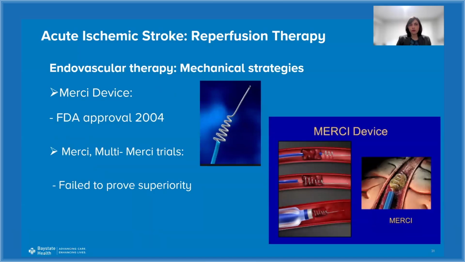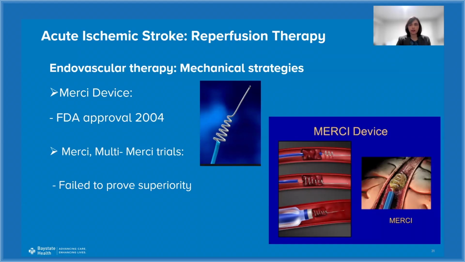Then in 2004, this device came up, which was called the Mercy device. And you can look at it, it's a corkscrew shaped device, which again, the idea behind that, as you can see in this picture, is that it will engage the clot and it will help us pull the clot out. But again, with this device, there were more complications.